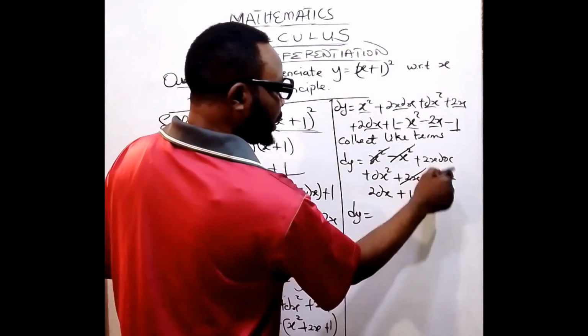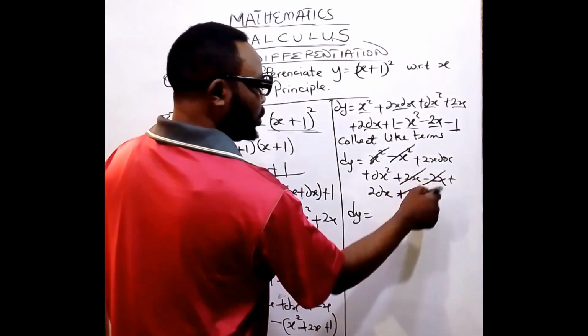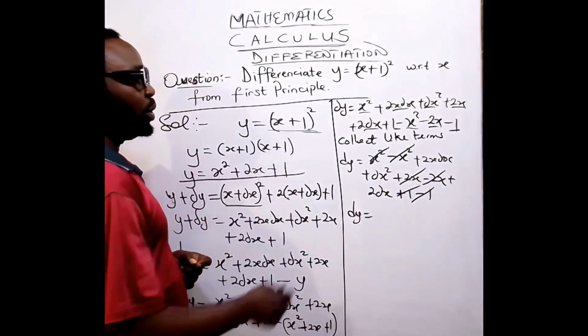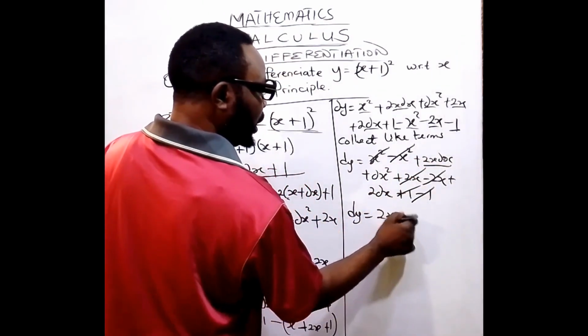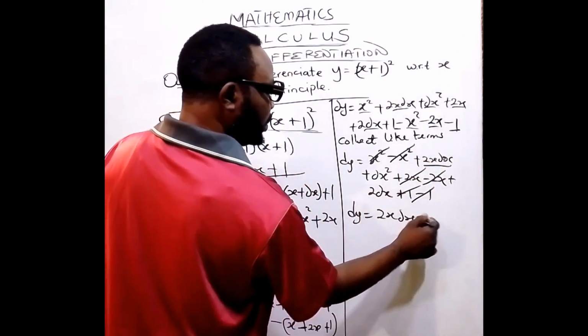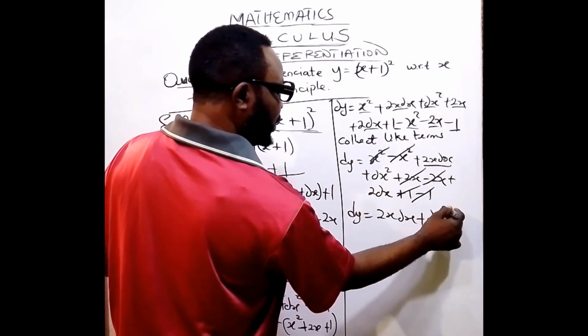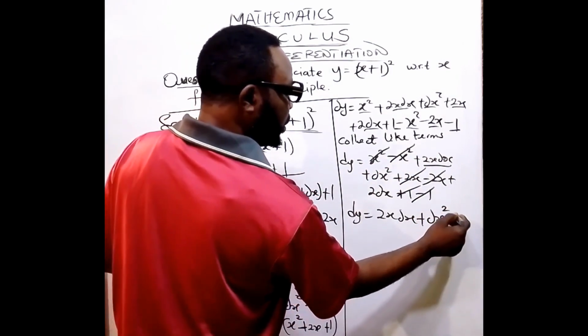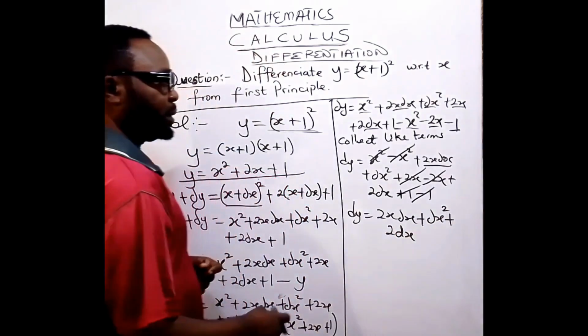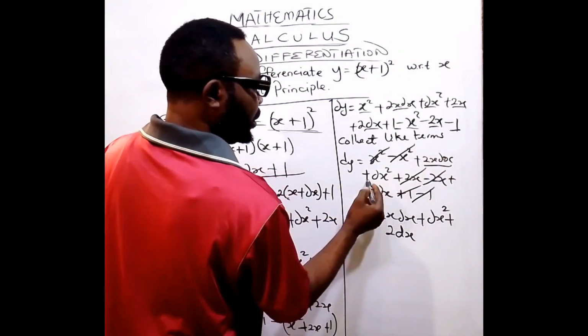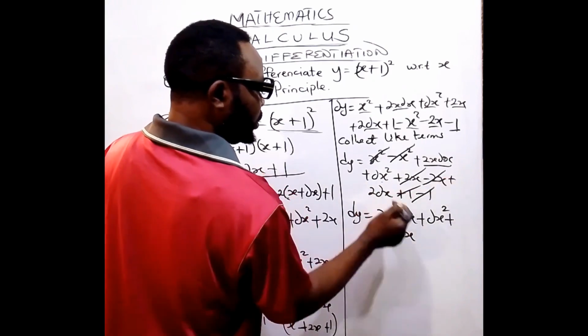Then we have 2x minus 2x will be 0, plus 1 minus 1 will also be 0. So we are left with 2x dx plus the x squared plus 2dx.